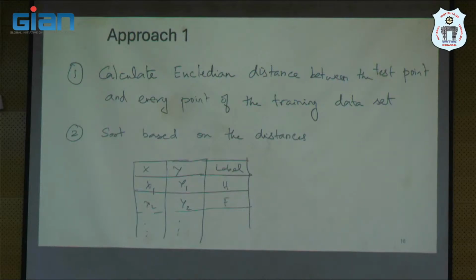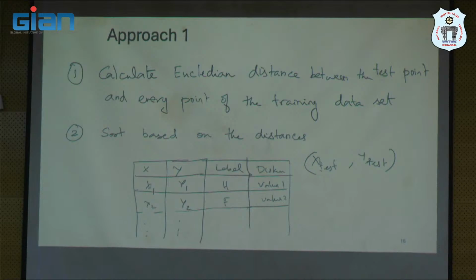What we are trying to do is, whenever a test point comes, x test comma y test, you will calculate the distance with every point, basically the distance between x1, y1 and x test, y test, and you will add it here as distance, value 1, value 2, like that. And then you will sort the entire matrix based on the last column in ascending order.